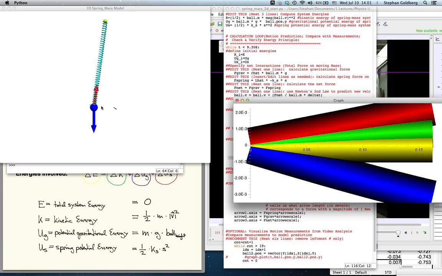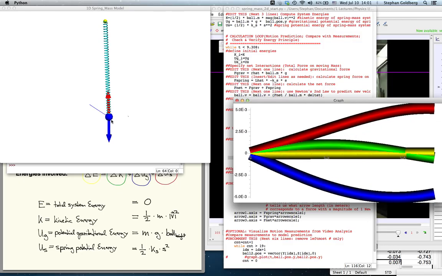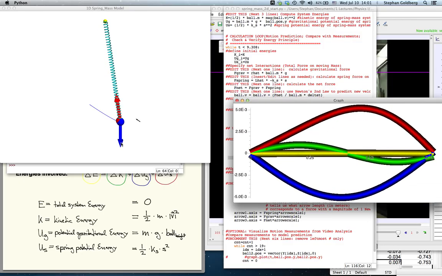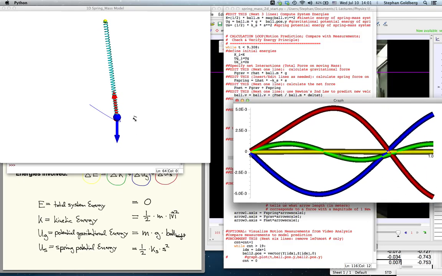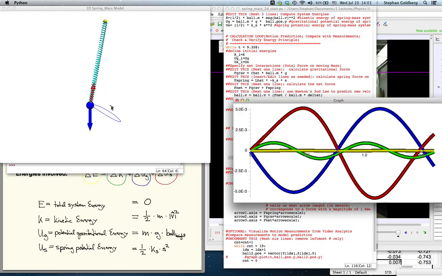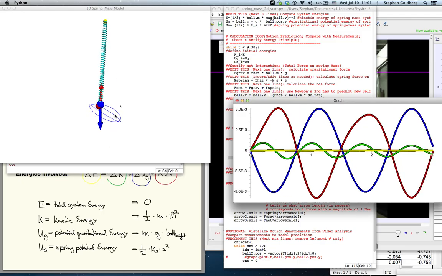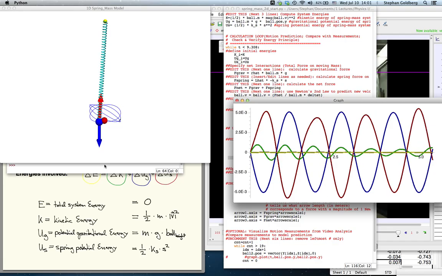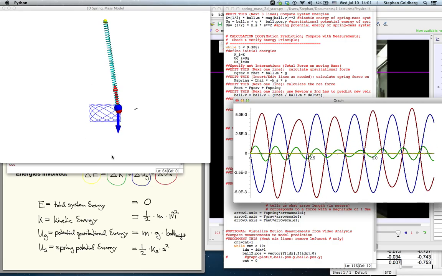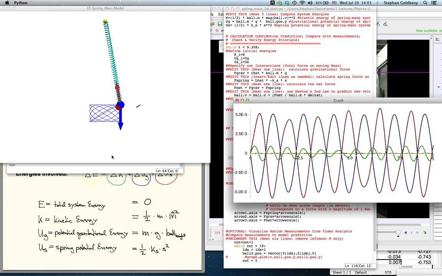So the spring force is displayed in red, the gravitational force is the blue arrow, and the net force here, this little black arrow, I hope you can see it. The red ball is the actual observed motion, following the blue predicted ball's motion very closely, I think.